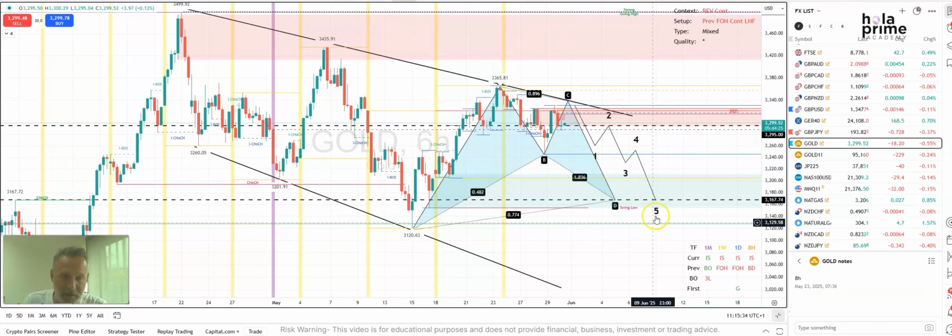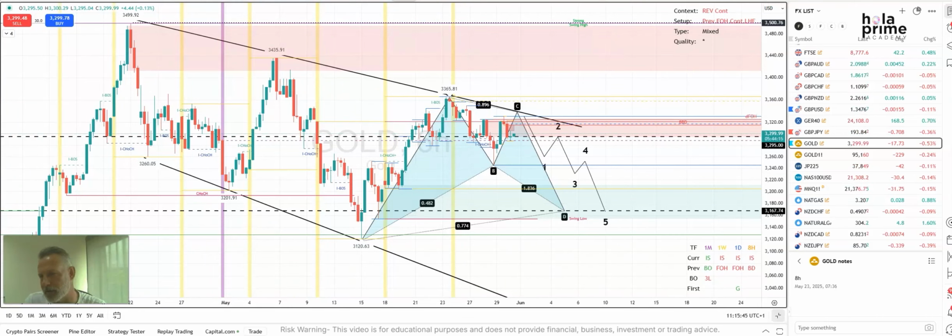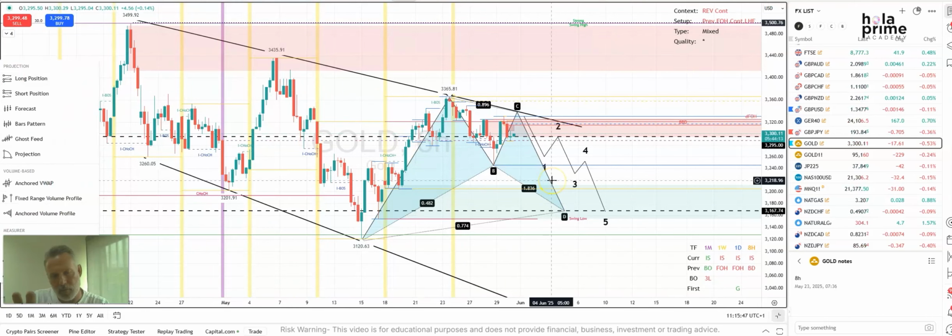If this pattern plays out, then I will look to take a long close to 3167, because then I've got a decent risk reward setup. Where would we put our stop loss here? For me, the stop loss always has to be a break of formation. The break of formation is under here, so the stop loss would be astronomical from current levels.